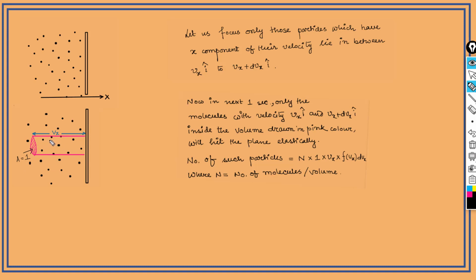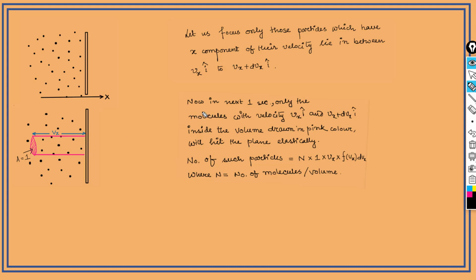If the length of the cylinder is Vx, then whatever molecules are present inside the cylinder having the x component velocity from Vx to Vx plus dVx are going to collide with this wall in the next 1 second. That is my claim. I hope you can understand.